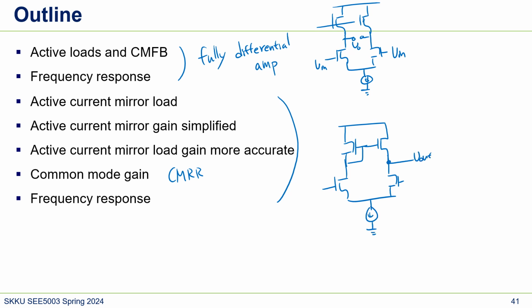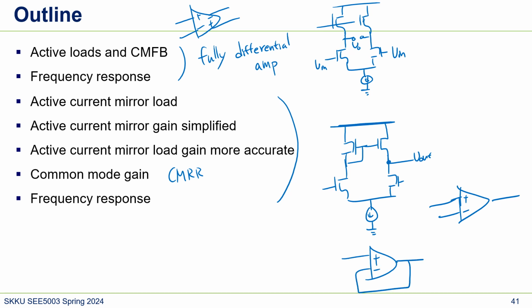It looks like this. For the fully differential, they look like this. Oh, and this is also used a lot, and it doesn't have CMFB because they have their own bias. But this amplifier is usually used in feedback mode. For example, one very good example would be a unit gain buffer.